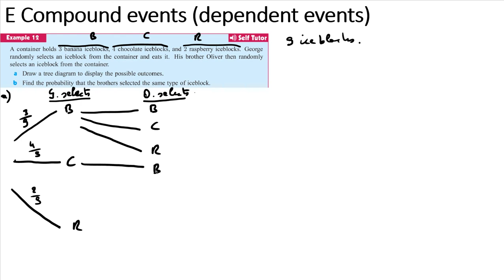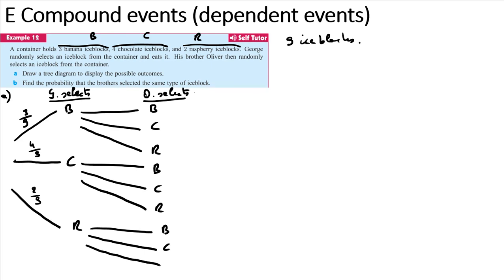So here we can select a banana, a chocolate, or a raspberry one, and here as well a banana, a chocolate, or a raspberry one. So if George selected the banana ice block, then 2 banana ice blocks are left.